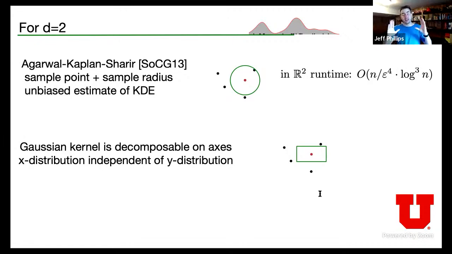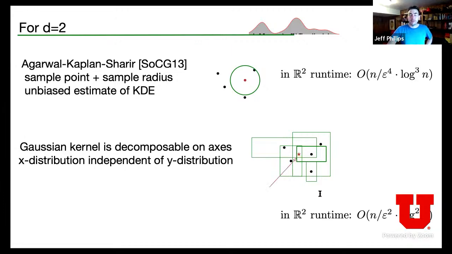So basically, I can get an unbiased estimator of a kernel density estimate by picking a point and then picking a random rectangle where the X and Y coordinates are chosen independently. I do this a bunch of times with rectangles. It's the same analysis as before, and then I find the point of the highest depth in the rectangles, and it turns out this is easier to do than with disks, so I can do this a little bit faster. So this is n over epsilon squared times log squared n. A small improvement here is this observation.